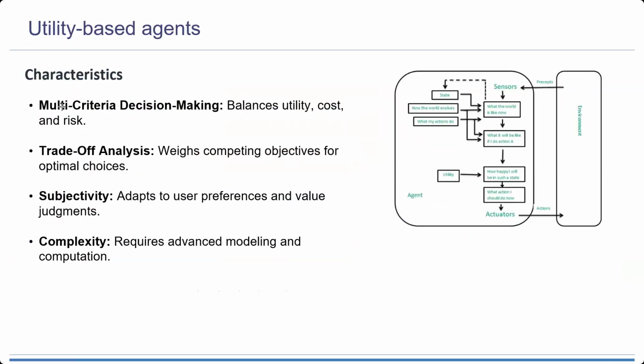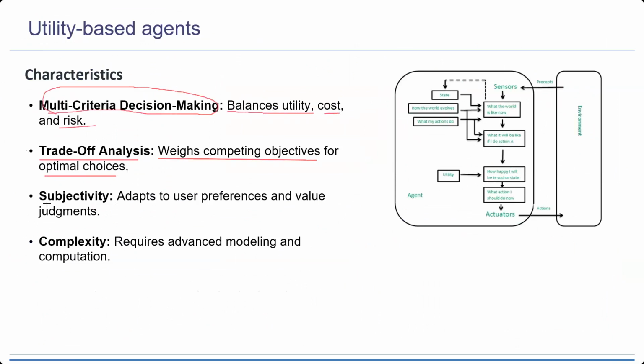So the characteristics: it is multi-criteria decision making. This is more complex. You need to balance the utility, you need to balance the cost, and you need to understand the risk. The trade-off analysis means it is based on the objective for the optimal choice.